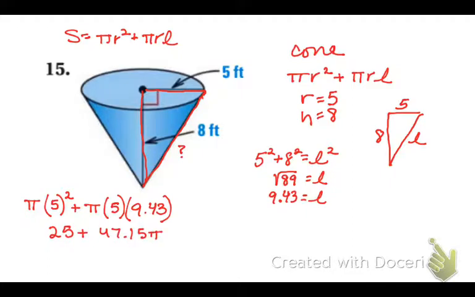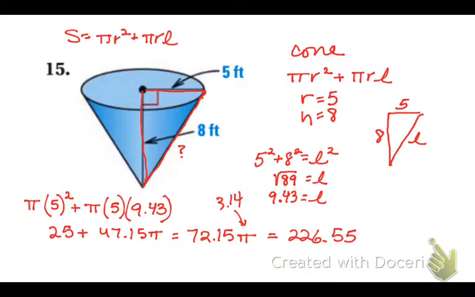You combine those, it equals 72.15 pi, and you use 3.14 for pi, and you get 226.55 feet squared. Okay, so we just found the surface area of the cone.